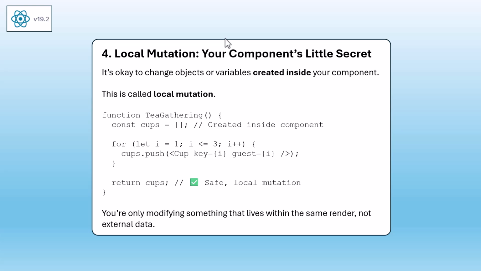For example, if a component creates a new array or object within itself and then updates that array before returning its JSX, that's not a problem. That data didn't exist before the render, and nothing outside the component can access or depend on it. This is called a local mutation. It's the component's own little secret, and it doesn't break purity.